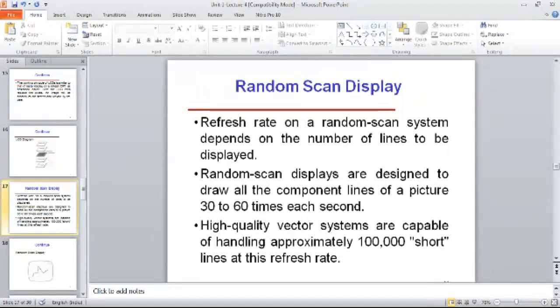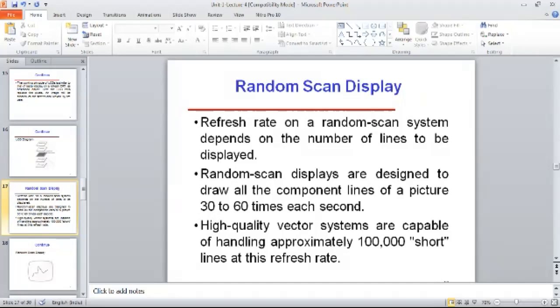So the lines change from 30 to 60 times a second, again and again. The image is formed with the number of lines, and as the lines combine, we get the ultimate picture or image on the screen.